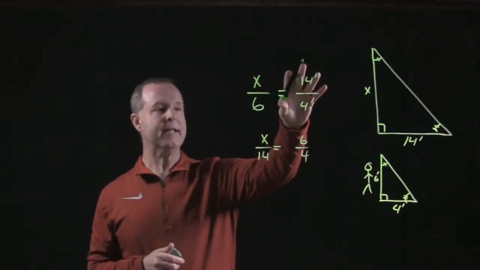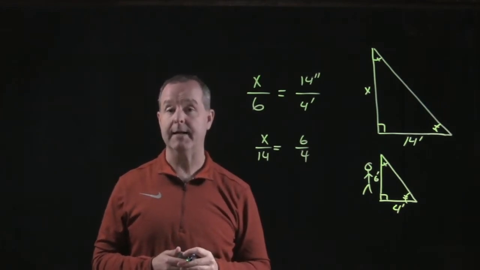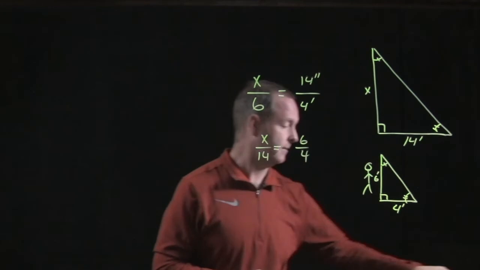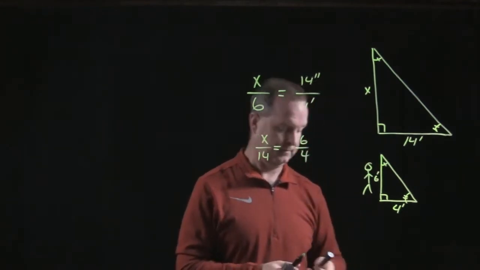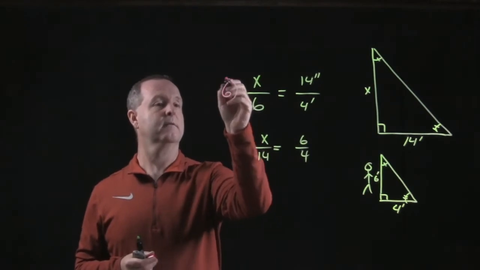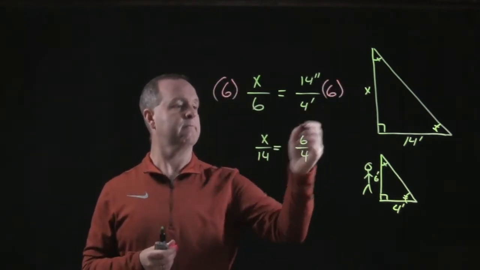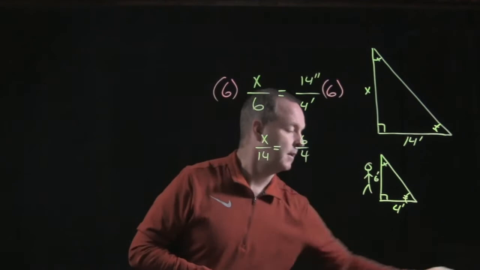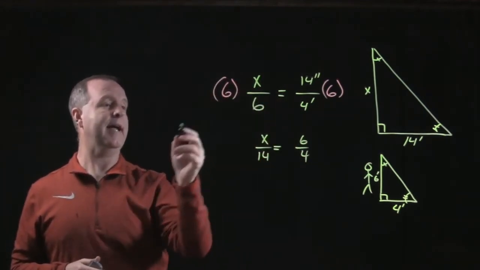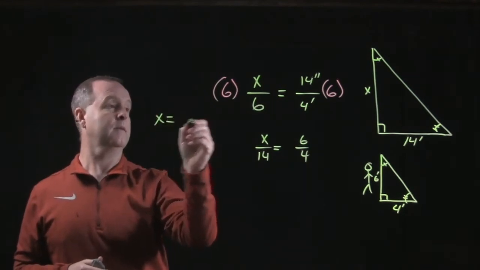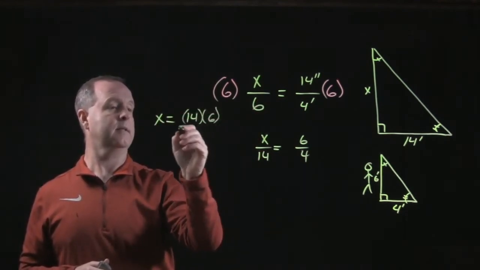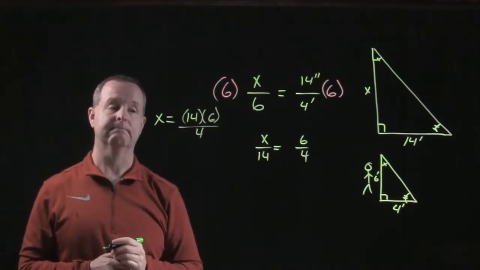So let's take this one up here and solve that for X. To solve for X, I'm going to multiply both sides by 6. We'll keep doing it with my pens because you guys like seeing those colors. Multiply that by a 6, and I'm left with X equals 14 times 6 divided by 4.